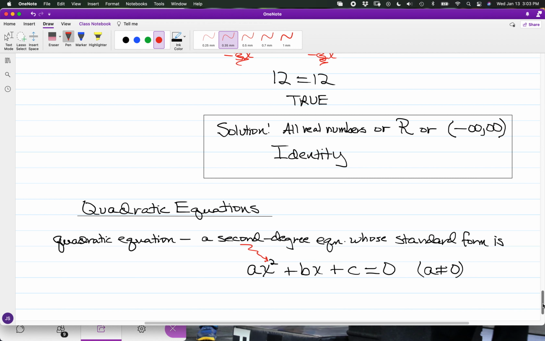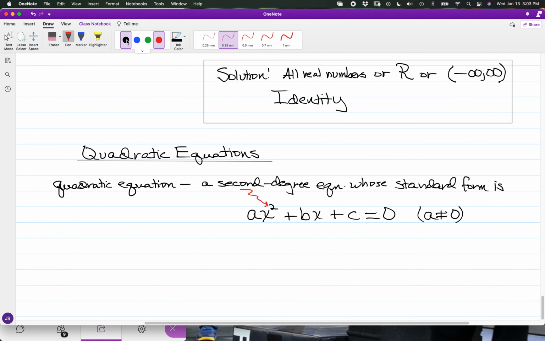Now, for quadratic equations, okay, there are various techniques that can be utilized, just given the type of coefficients involved. And one common approach is going to be the zero product property.